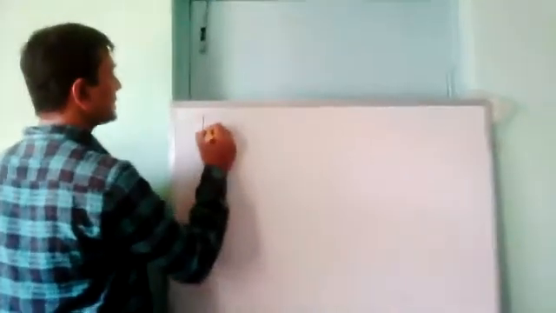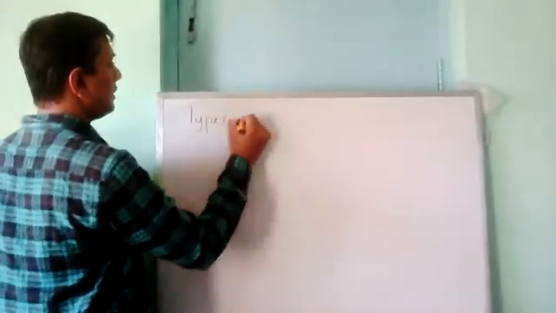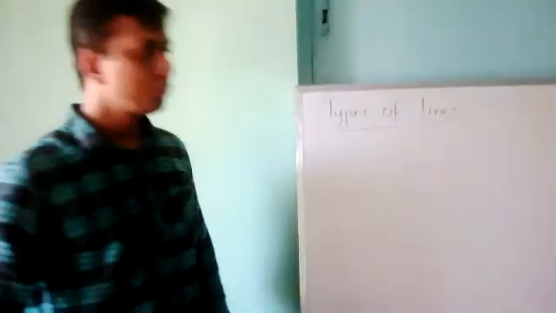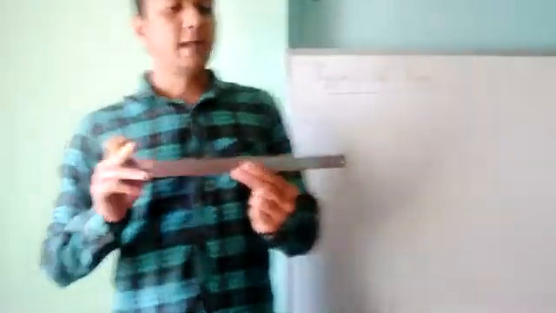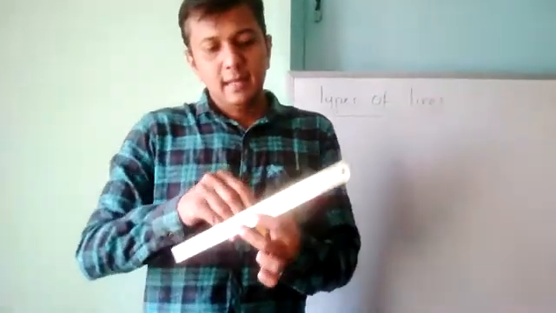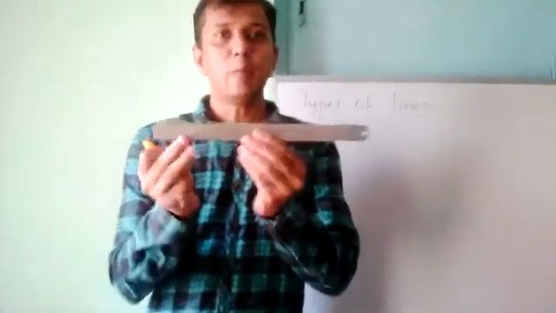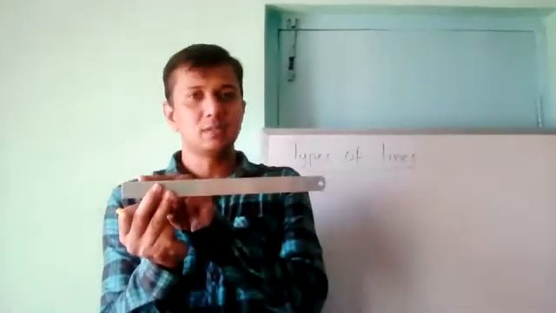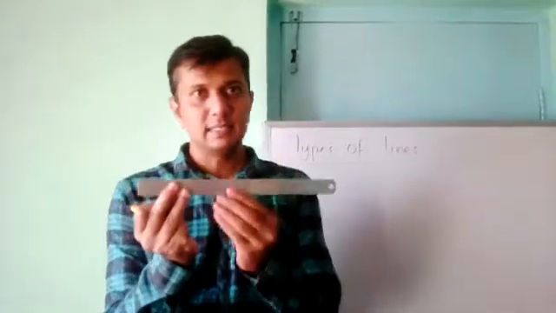Next we have to discuss the types of lines. Observe this one. In what manner have I held the scale? In your primary level you learned about the sleeping line, isn't it?